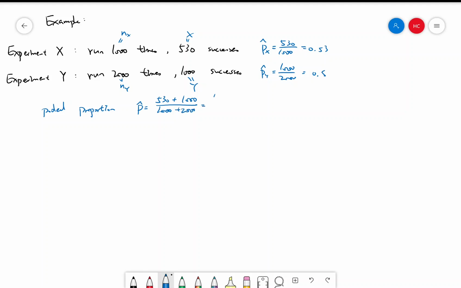This is 1,530 over 3,000, which is 0.51. So based on the sample, it looks like experiment X has a higher success rate. So that's going to be our H1. So H1 says that X has a higher success rate than Y, and H0 says the opposite.